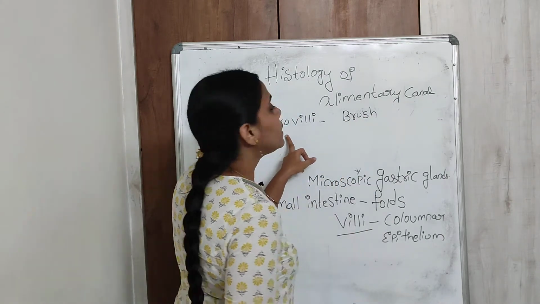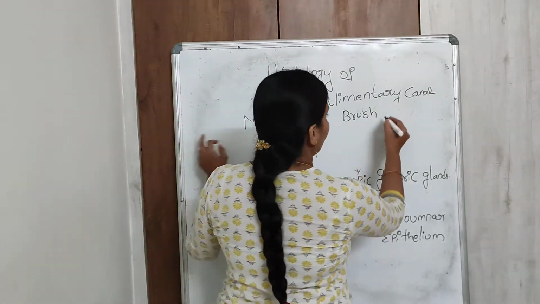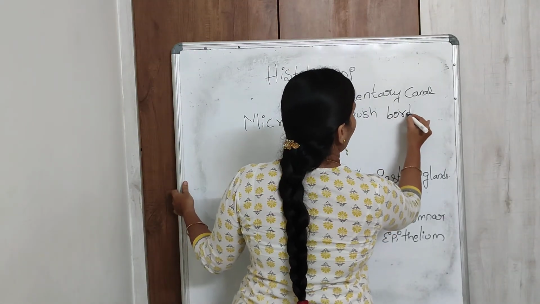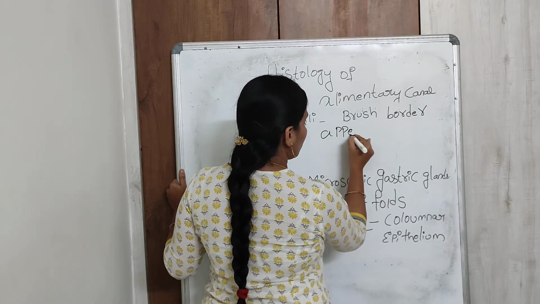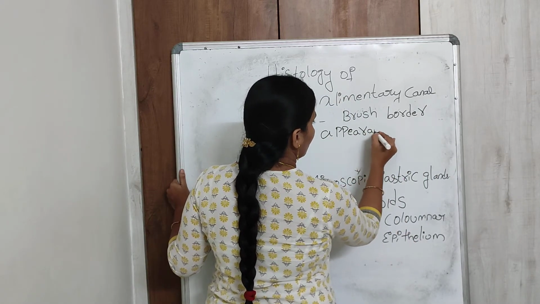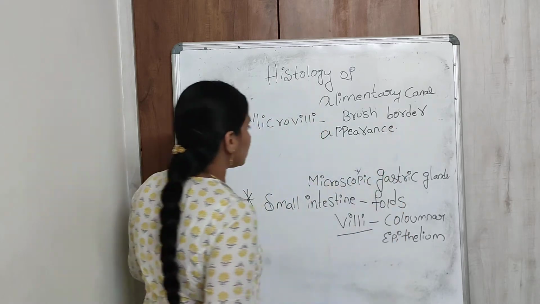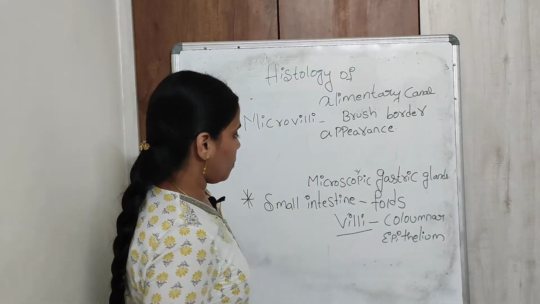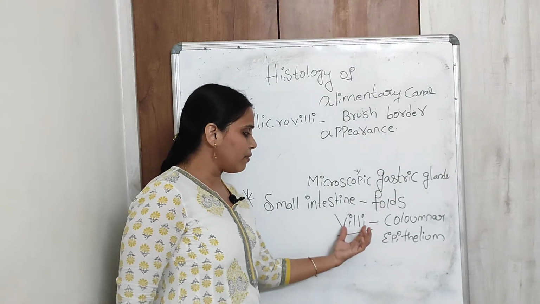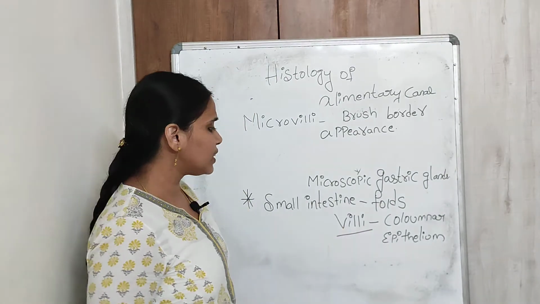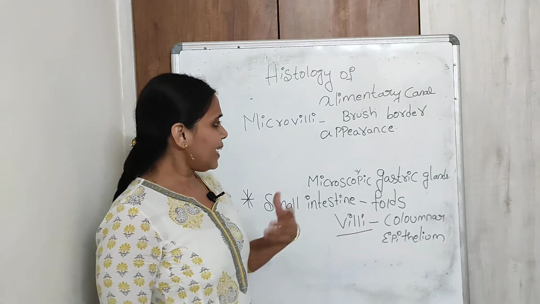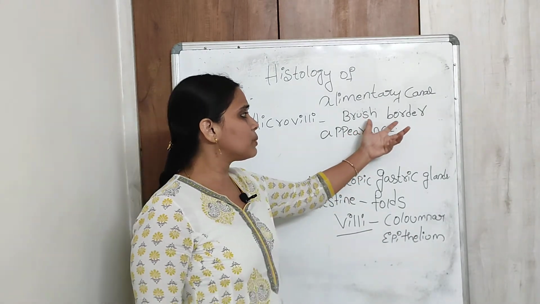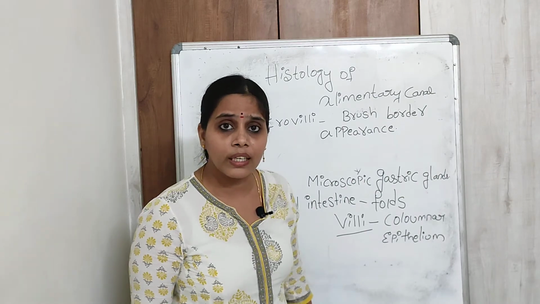So that's why whenever it is lined by villi, we generally say brush border columnar epithelium. Is there any significance, children, for this brush border columnar epithelium?